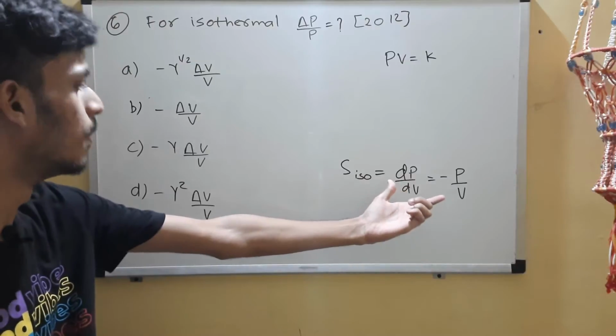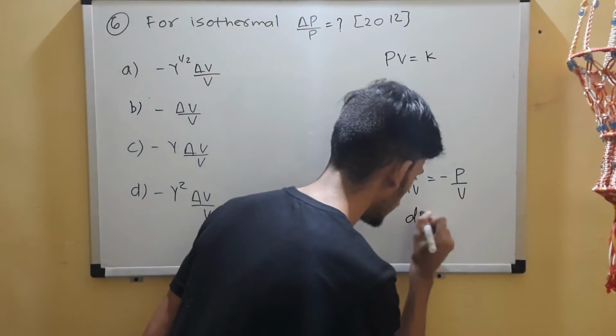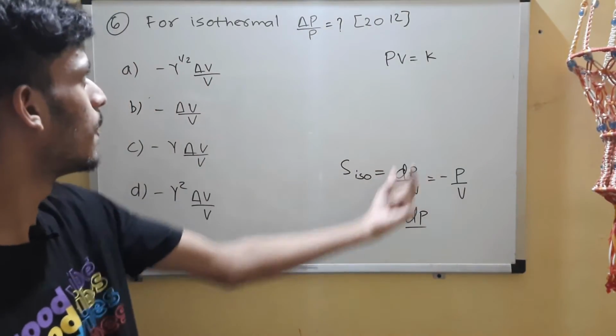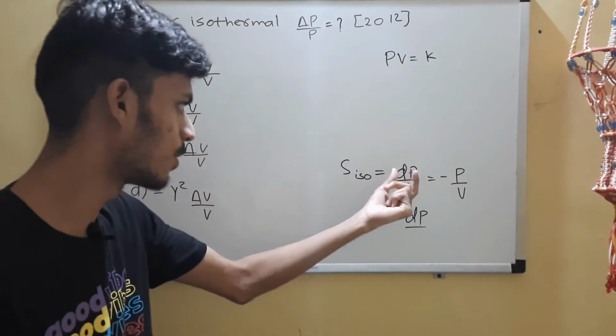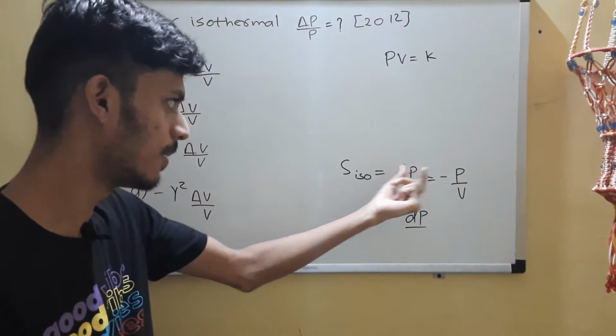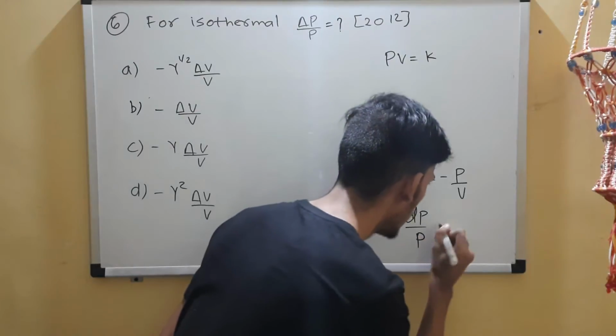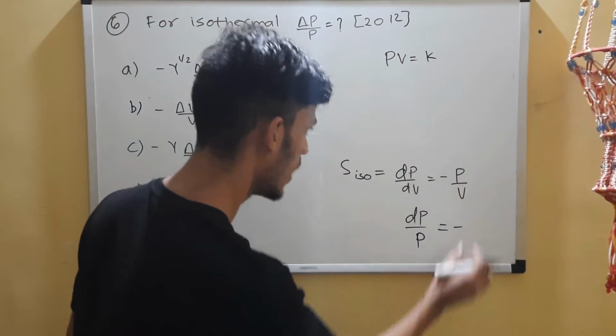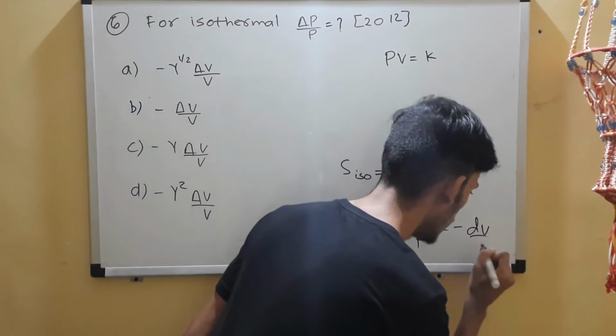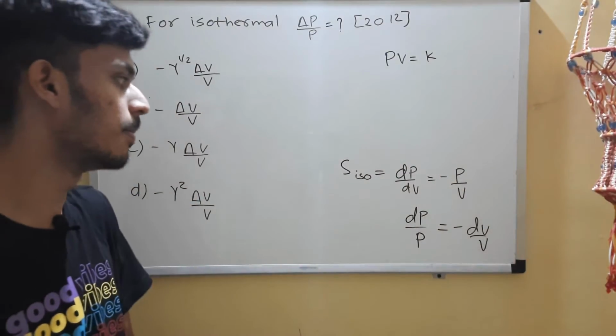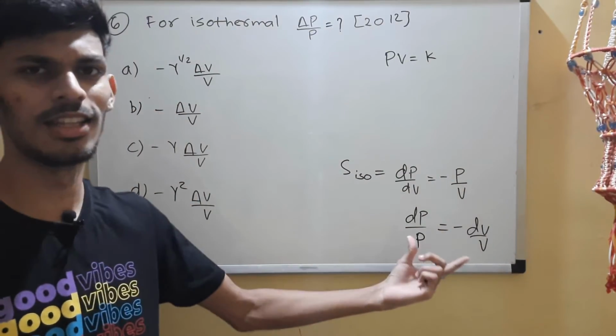Okay, I'll just bring it in a better format so that you can see it over here. So dP by P, right, delta P by P. I'll get it in the differential format first, dP by P equals minus dV by V. So this is in the differential format.